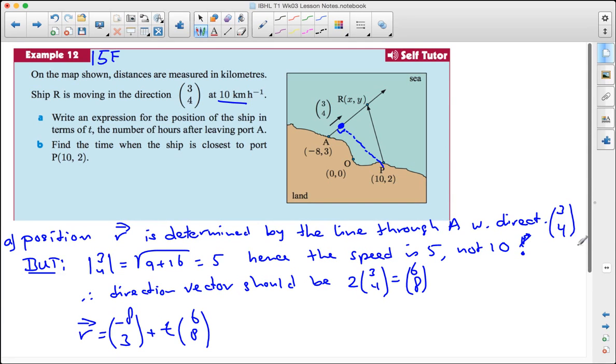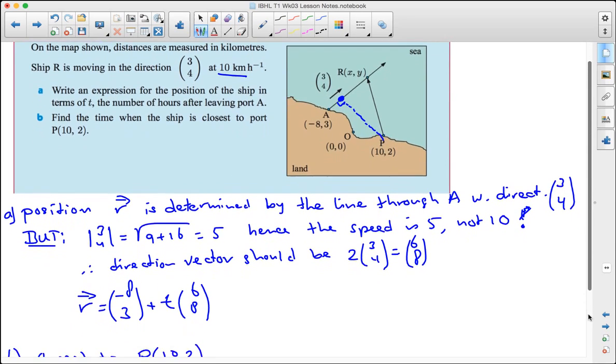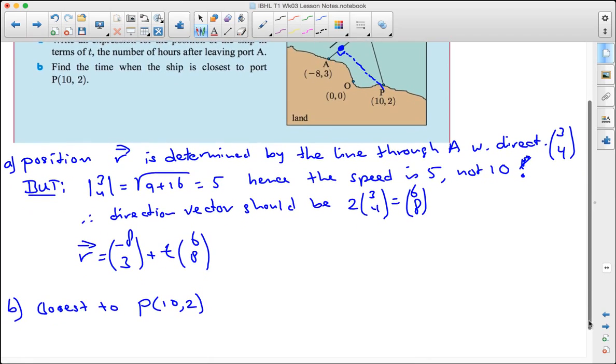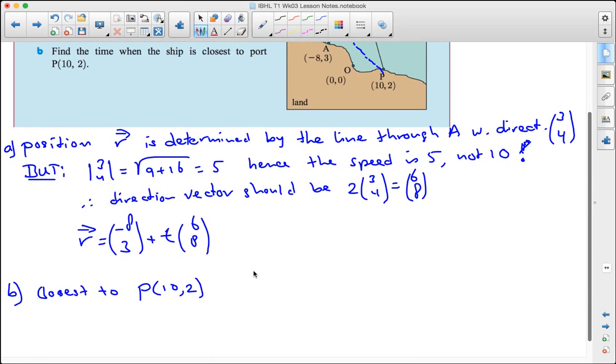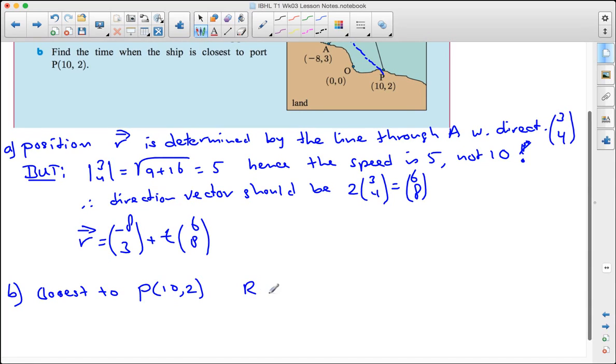Now we know that R is a point on the line. The coordinates of R are negative 8 plus 6t, and the y coordinate is 3 plus 8t.